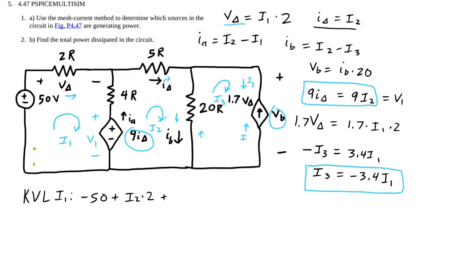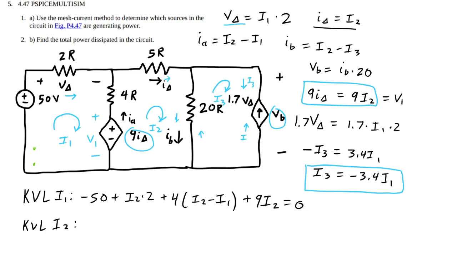Then the voltage drop across this resistor, which is 4 times IA, so I2 minus I1. Oh, I'm sorry, I've got the dependent source too. Then 9 I delta as a decrease, but we know that 9 I delta is equal to I2. All that equals 0.